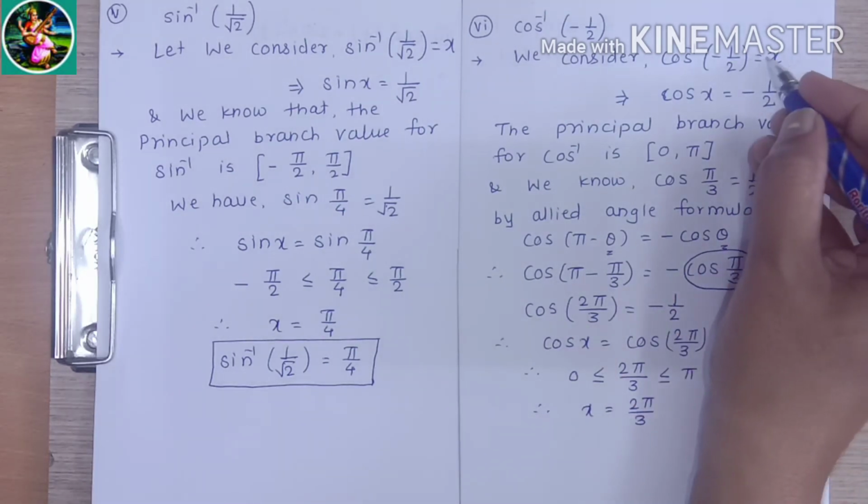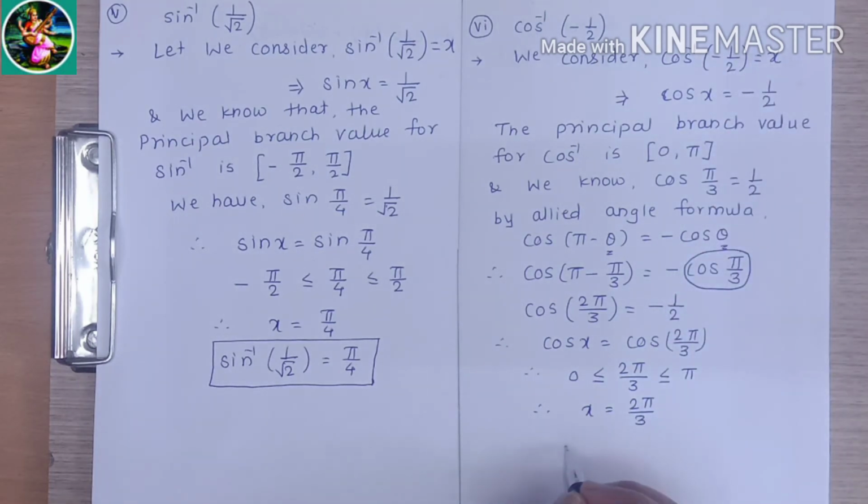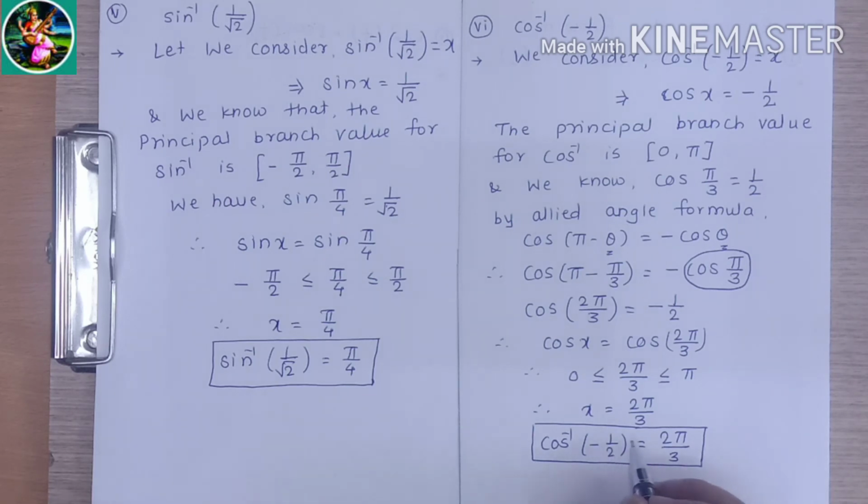We resubstitute the value for x, that is cos inverse of minus 1 upon 2 is equal to 2 pi by 3. In that way we have found the solution for the inverse trigonometric function. Thank you.